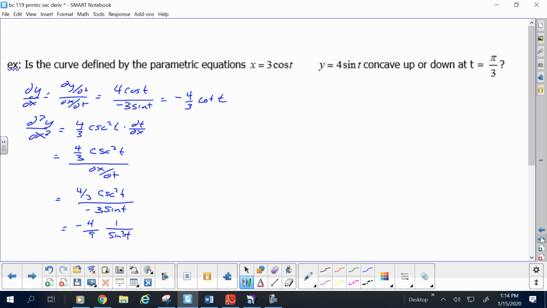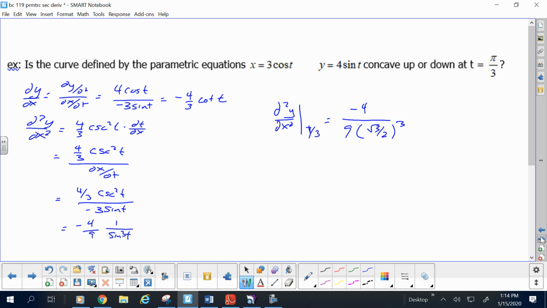It doesn't match what I did in my last class, but I must have made a mistake there. Are you getting something like this? Negative 4/9 and sine cubed-ish? Yes? Okay, so now at pi over 3 it is negative 4/9 cube roots of 3/2.